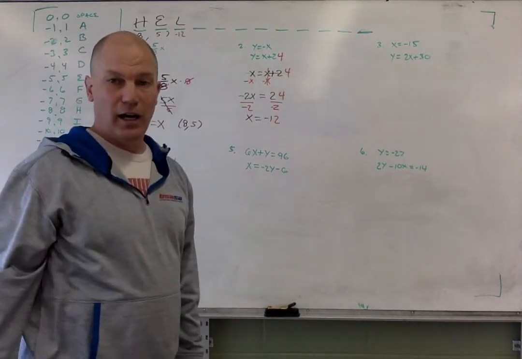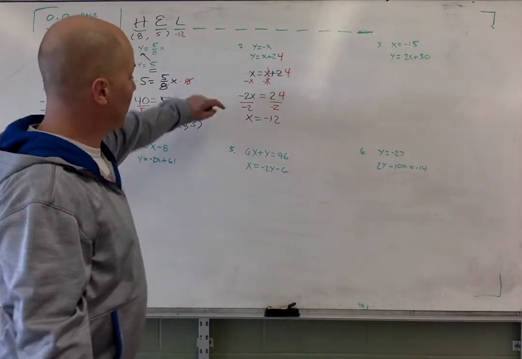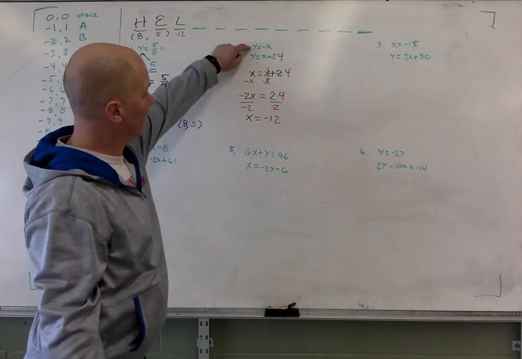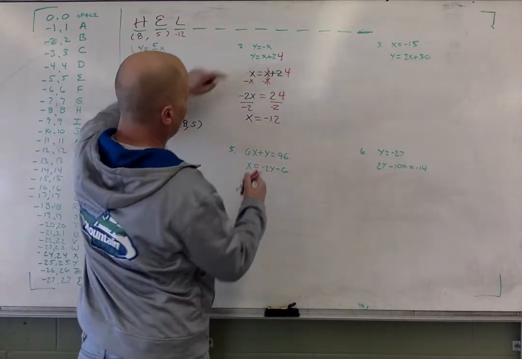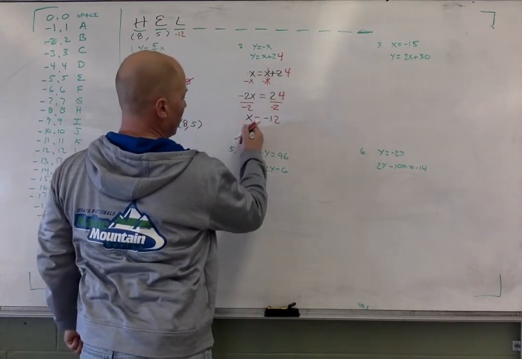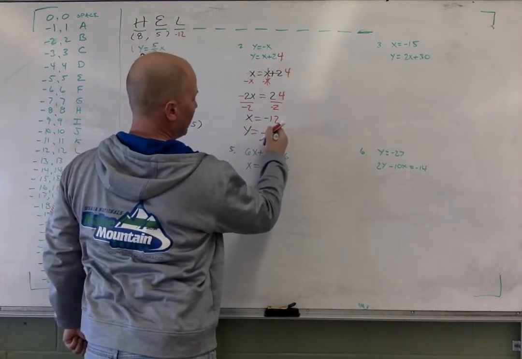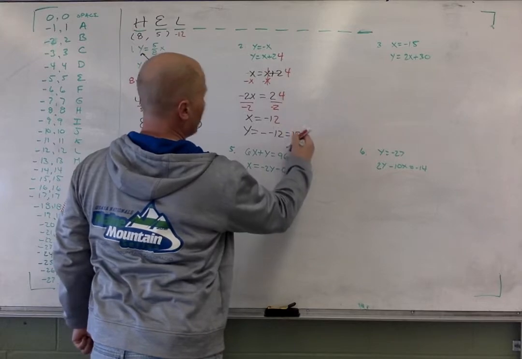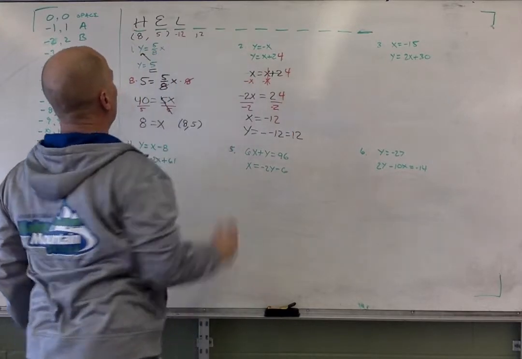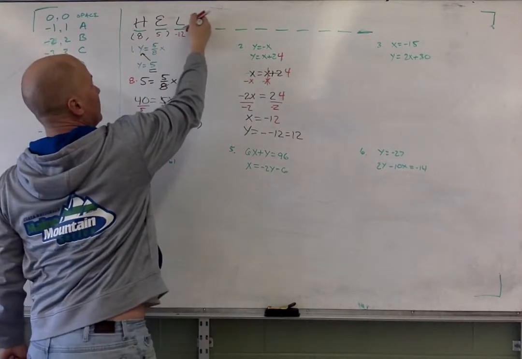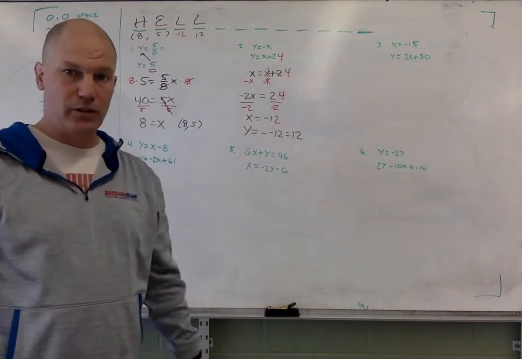That's better. Silly. And then we plug in -12 up here for this x, so we end up with y equals the opposite of -12, which is +12. So +12 is also L. Sound good?